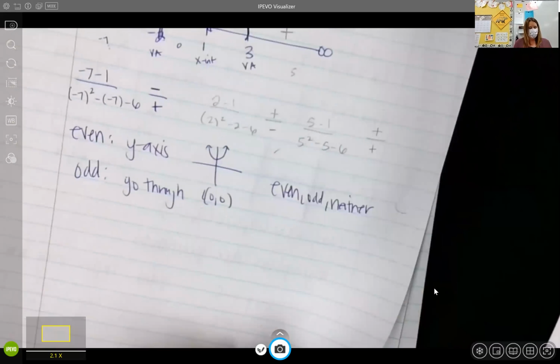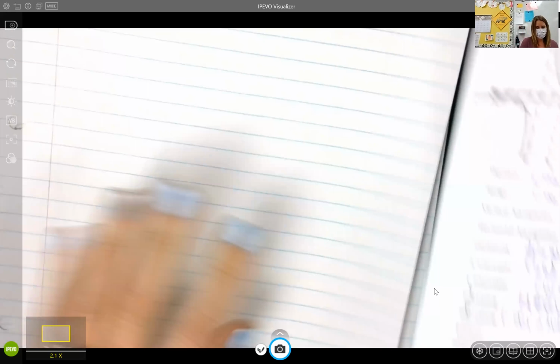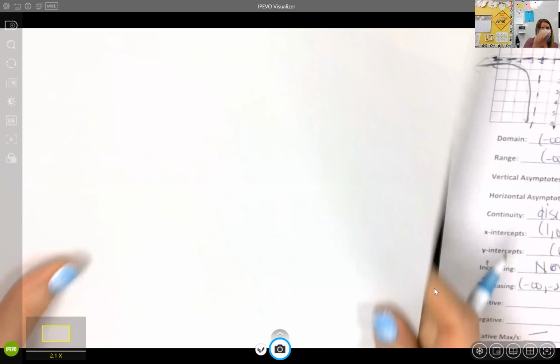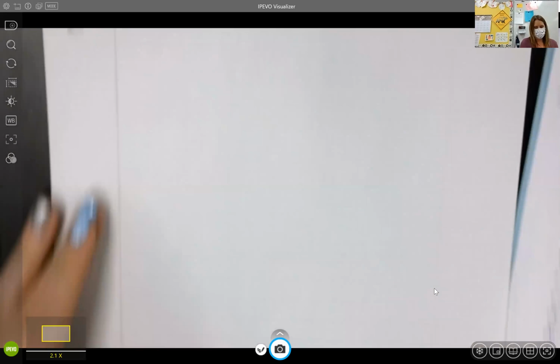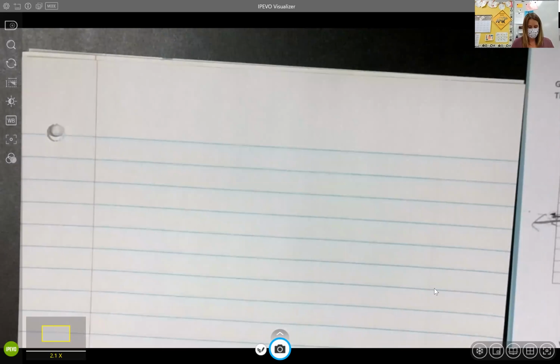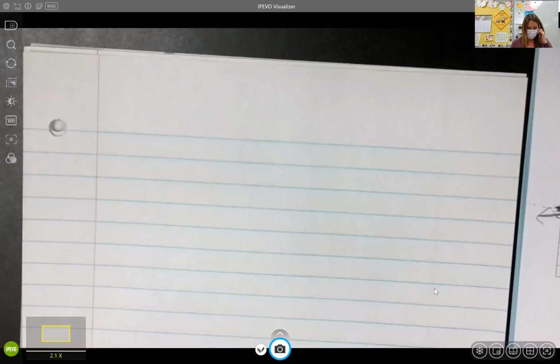Okay, let's look at number 2. The only time you don't include the u is going to be on your x-intercepts because they're not intervals, it's a point. Anytime you have an interval, you use the u.